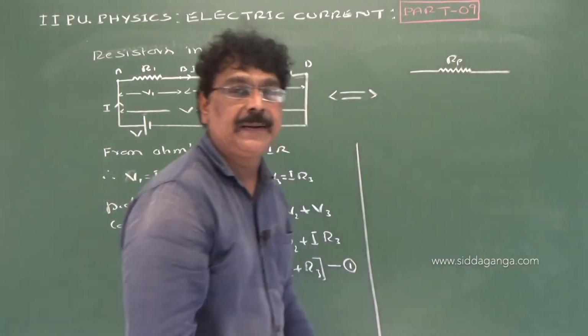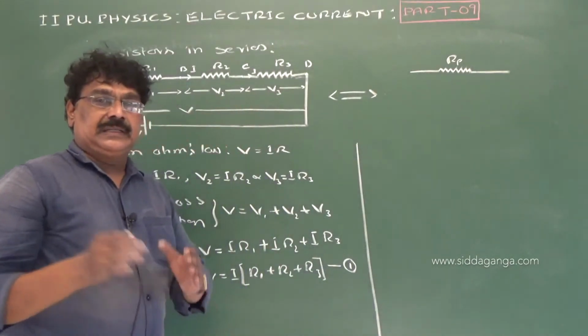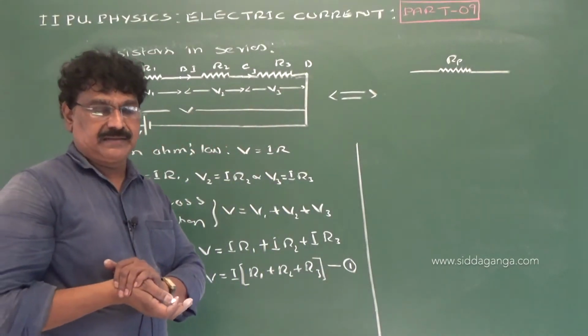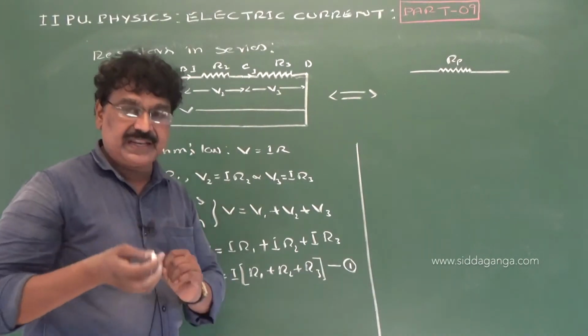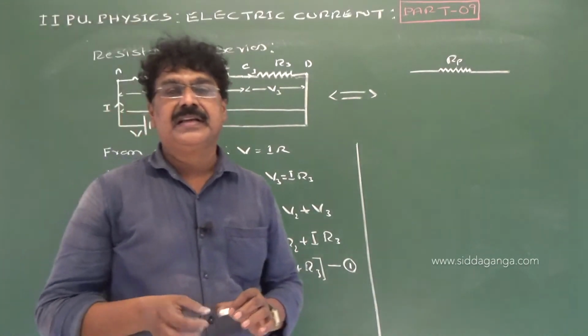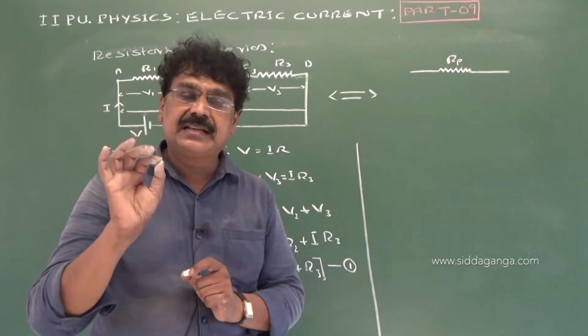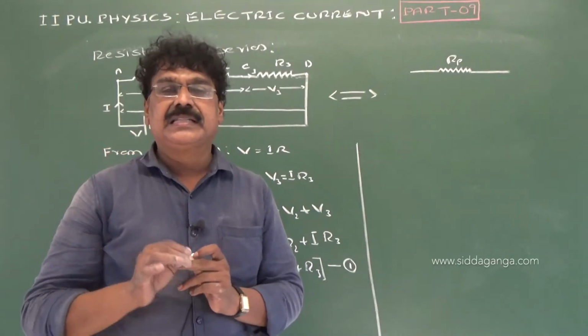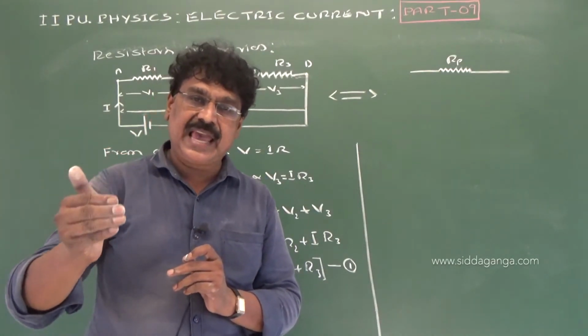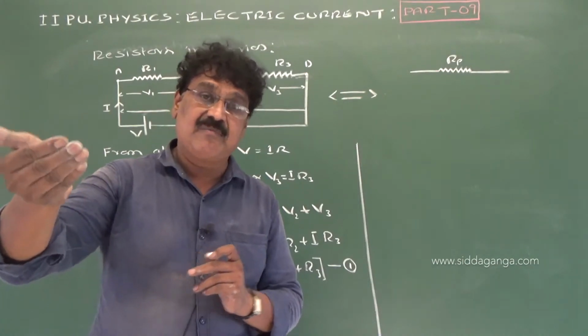The equivalent resistance of a combination of resistors is that single resistance that produces the same effect as the combination.